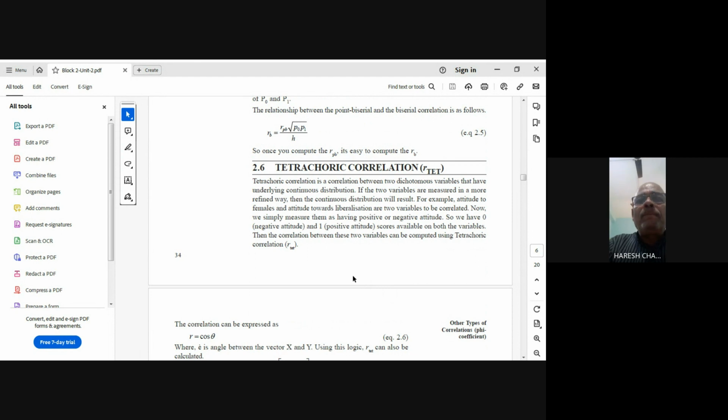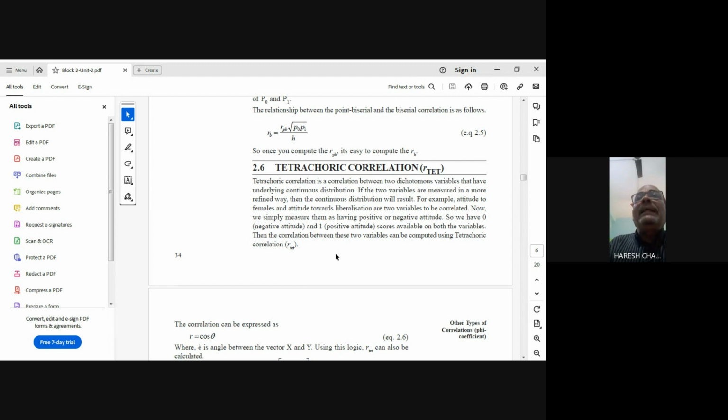Usually we go for that, but sometimes if the data nature is different, we cannot go for Pearson's product movement correlation. Then we have some other options of correlation like point biserial, where one data is continuous and one data is dichotomous, like biserial correlation where both the data are dichotomous, and another is tetrachoric correlation, the correlation between two dichotomous variables that have an underlying distribution.